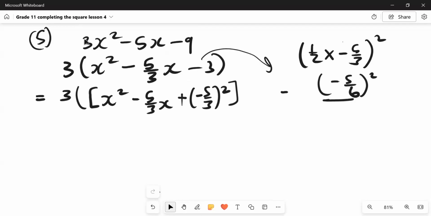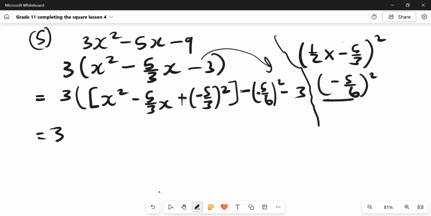So let's do that. So you have your 3 there, subtract there. You'll have your minus 5 over 6 all squared, which is negative there. And then equals to, and then we have your 3. Now we must simplify, right?